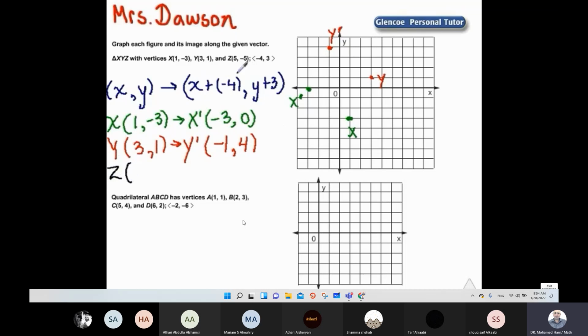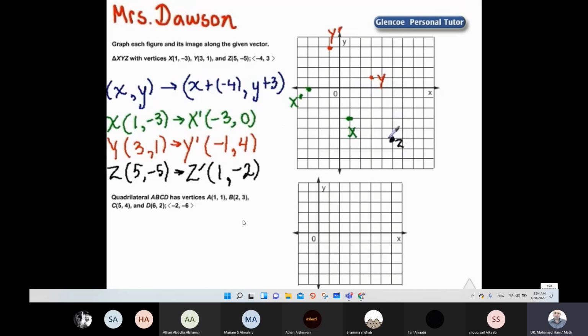Z, which was located at (5, -5), translates to Z prime, and the new ordered pair will be 5 plus -4, which is 1, and -5 plus 3, which is -2. Oh, excuse me, the original Z was at (5, -5). 1, 2, 3, 4, 5. 2, 3, 4, 5.